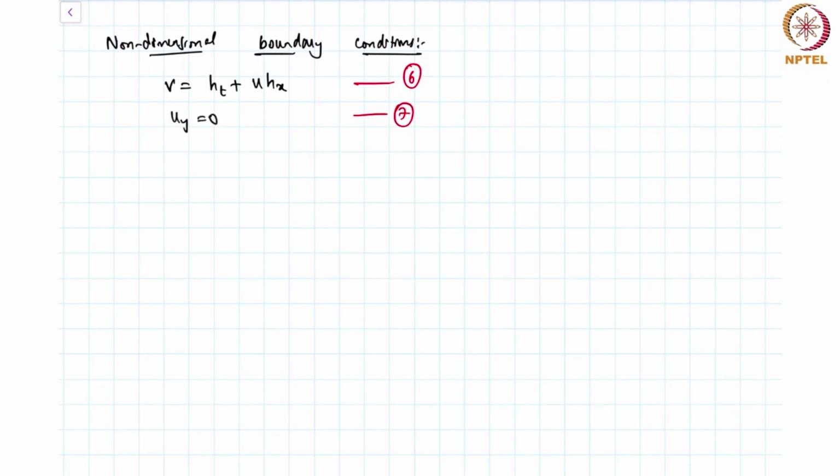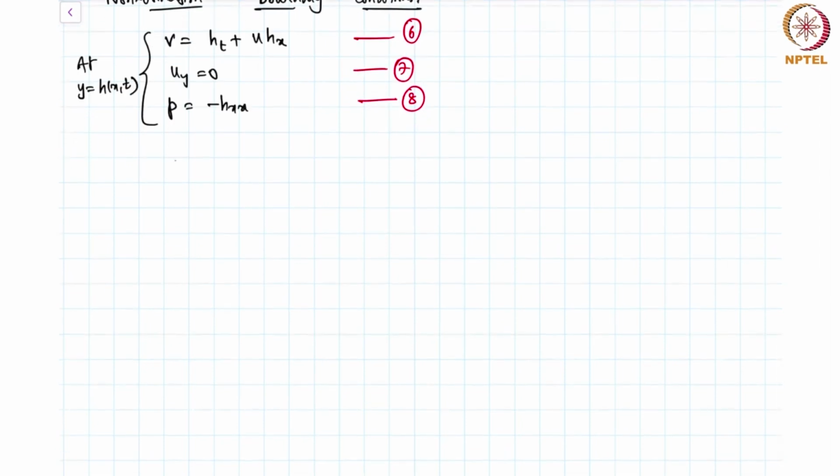This is the tangential stress boundary condition at the interface. And we also have p is minus hxx. This is the normal stress balance, the dominant normal stress balance, which we'll call equation 8. All these three conditions here are applied at y equals h of x comma t, correct? And we also have the boundary conditions on the wall, u equal to 0 and v equal to 0. We'll give them labels as well. So we'll call them 9 and 10. These are basically at y equal to 0.